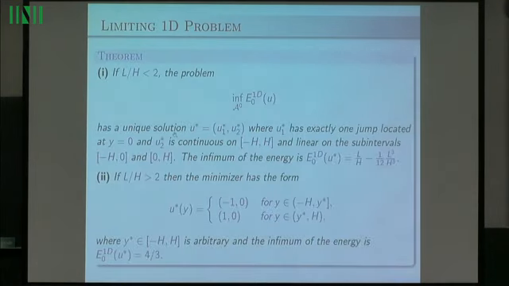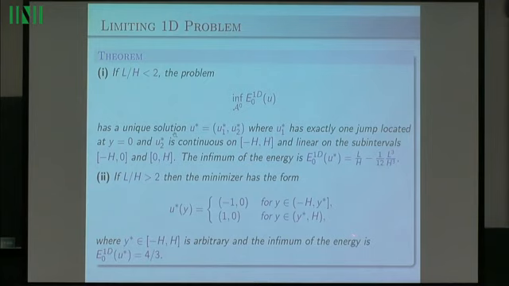In this case, it is possible to show that this one-dimensional problem is going to have a minimizer, and the structure of the minimizer is going to depend on the ratio between the elastic constant multiplying the divergence and the width of the strip. There is a magic value of 2.